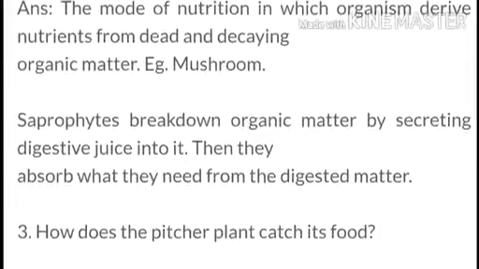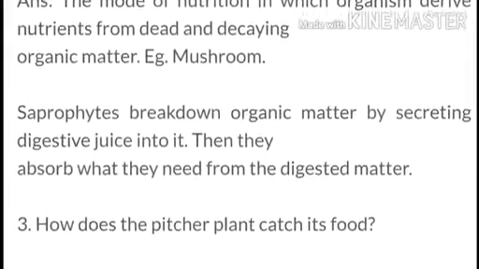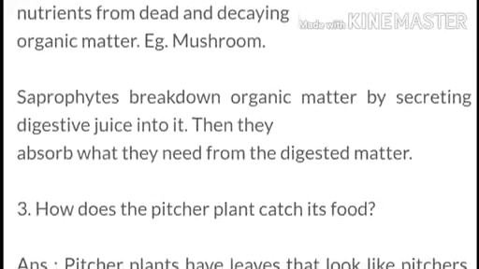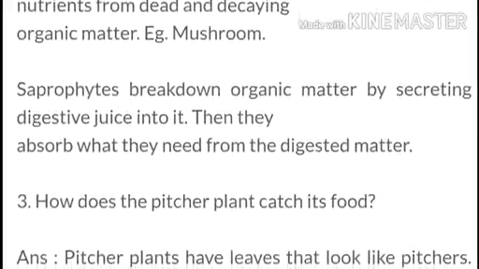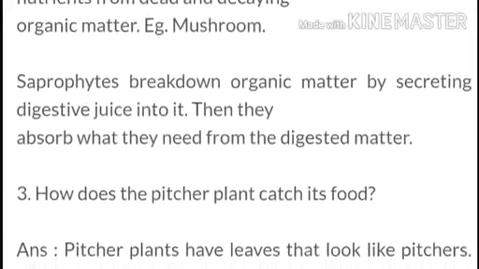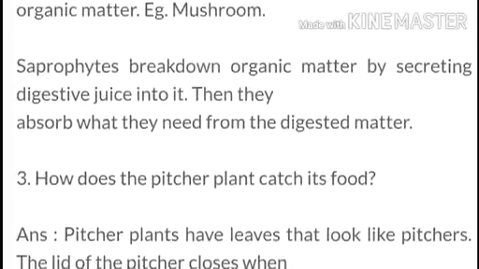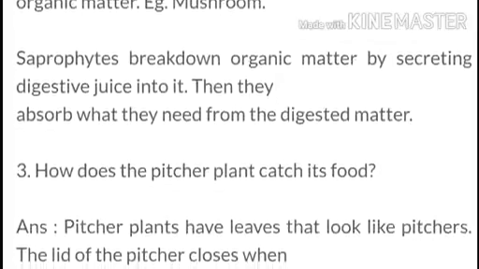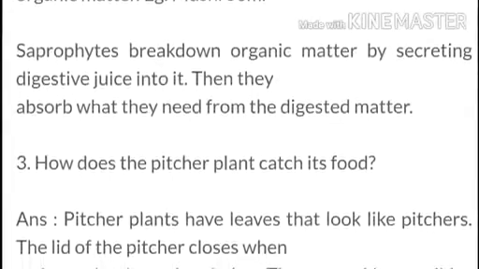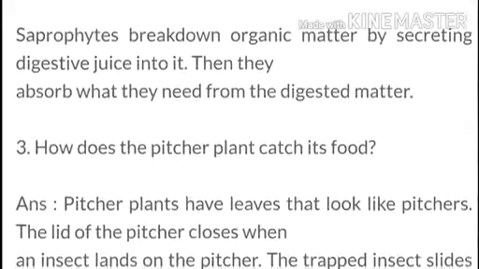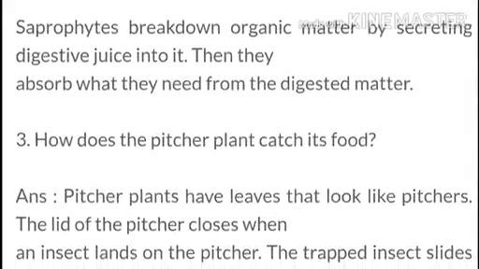Okay, so now third question, how does the pitcher plant catch its food? So you know the pitcher plant is like a pot. So the answer is: pitcher plants have leaves that look like pitchers. Pitcher means matka. The lid of the pitcher closes when an insect lands on the pitcher.